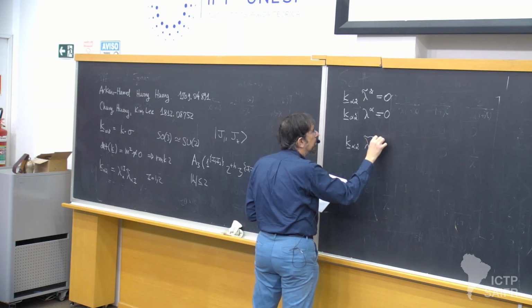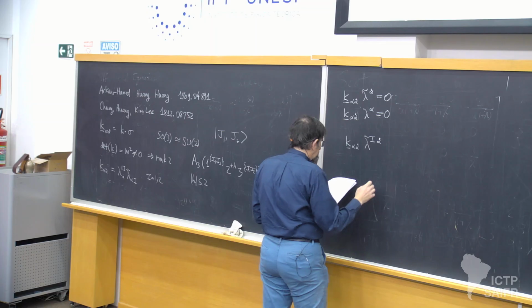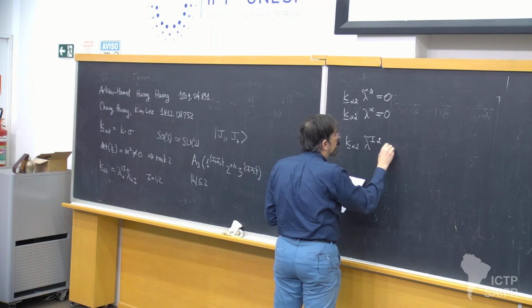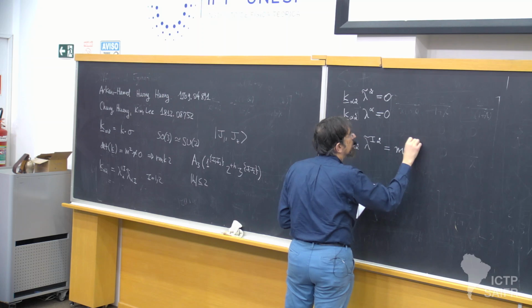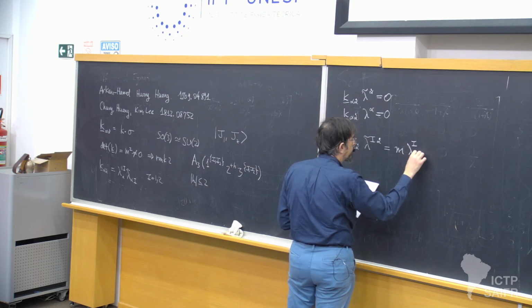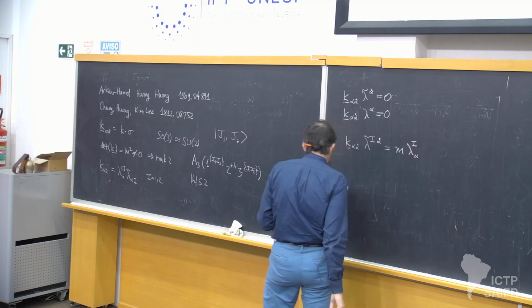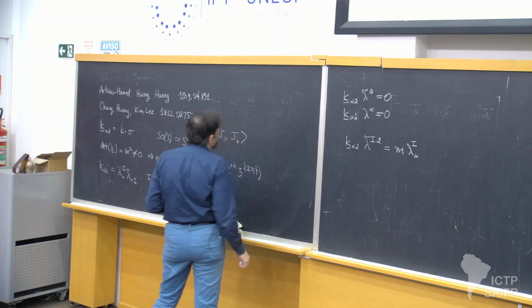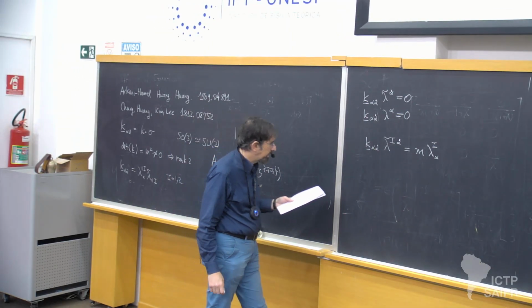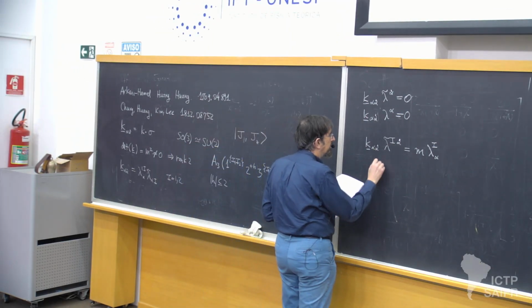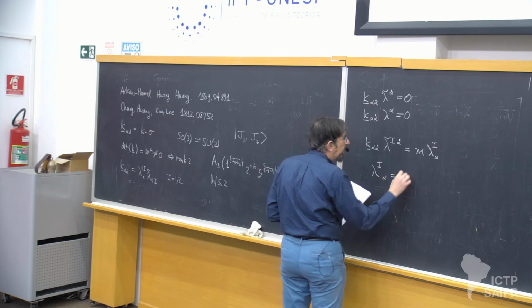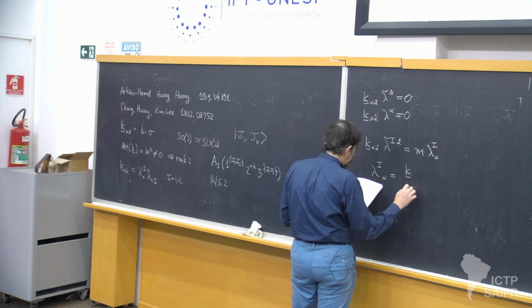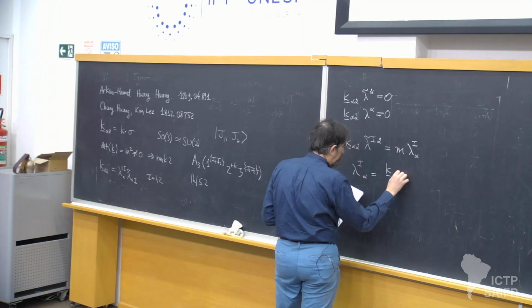And so we can have an equation of this sort. So that means that at the price of dividing by m, we can actually trade one type of spinor for the other.